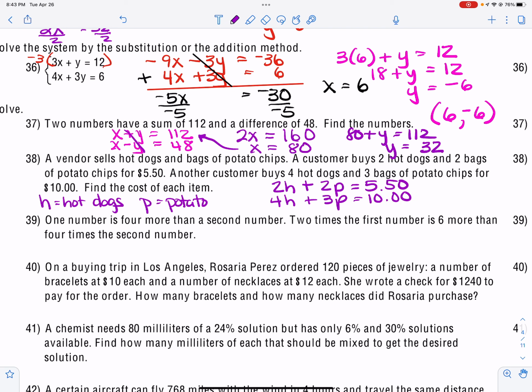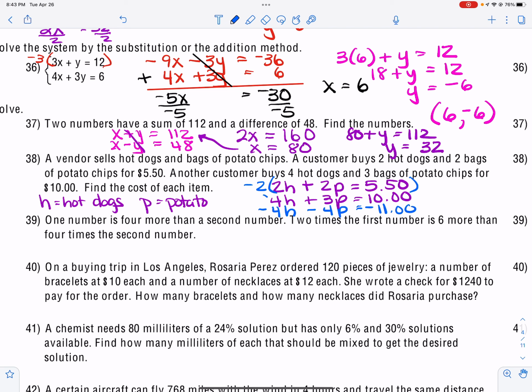And so here I would probably multiply everything times -2 in that top equation. And so when I do that, it's going to give me -4h minus 4p is equal to, and 5.50 times -2 is going to be -11.